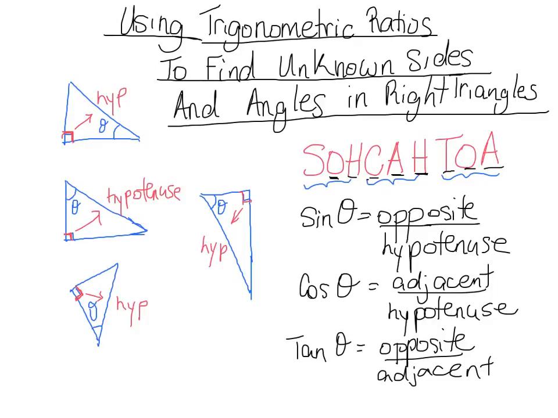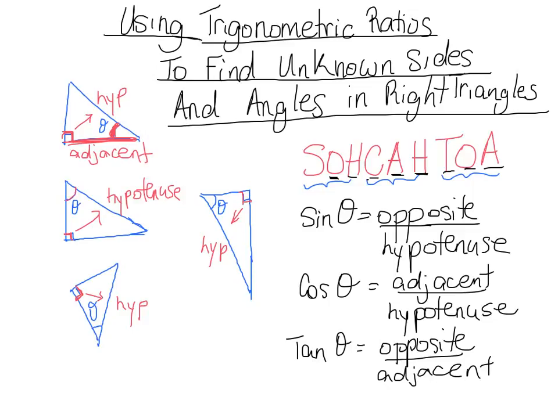Now, the slightly tricky one is how to figure out what's the adjacent and the opposite. Well, it depends on where the angle is that you're either being asked for or that's given to you in the question in addition to the right angle. So in this case, the angle is over here, so the adjacent is right next to it, as that's what the word adjacent means. The angle is here, so the adjacent is touching that angle right here.